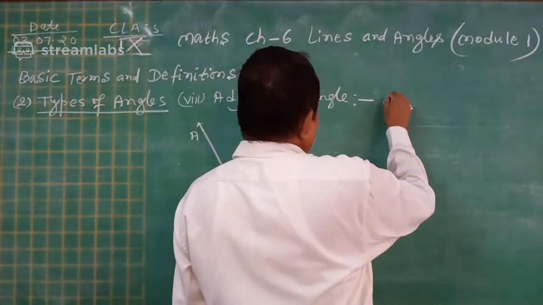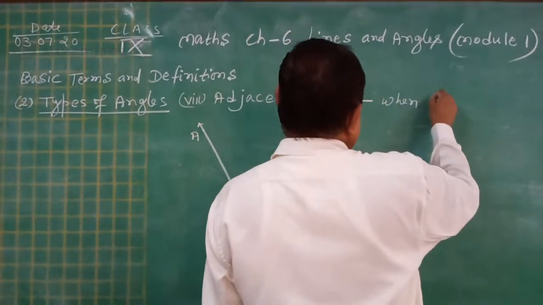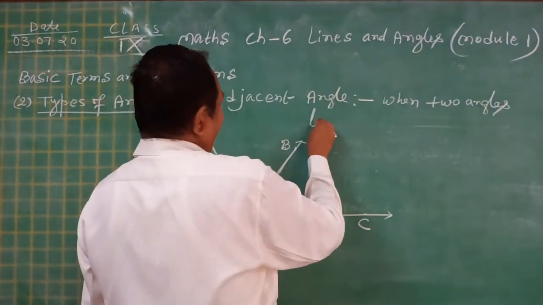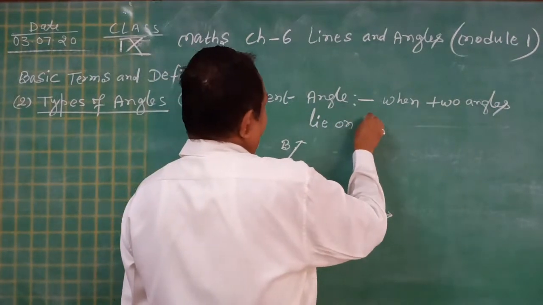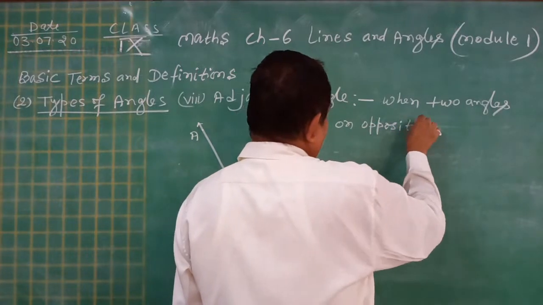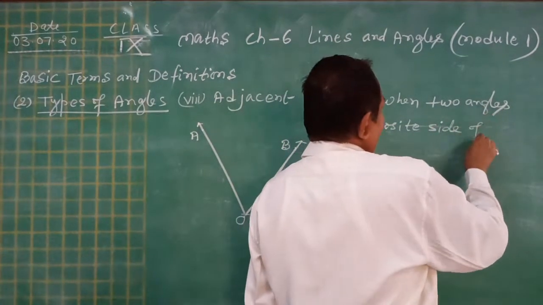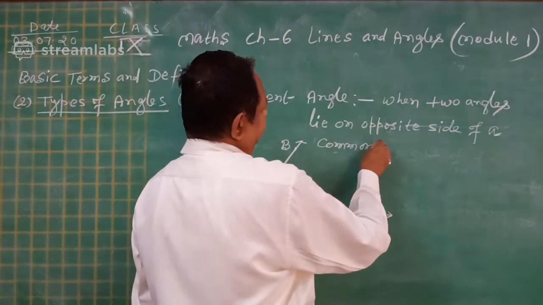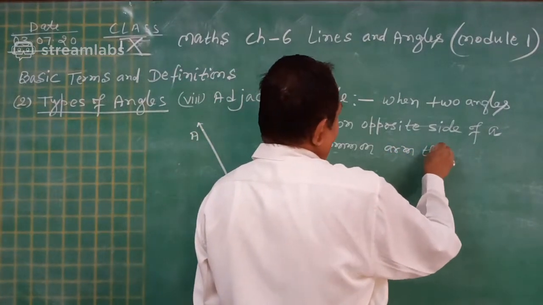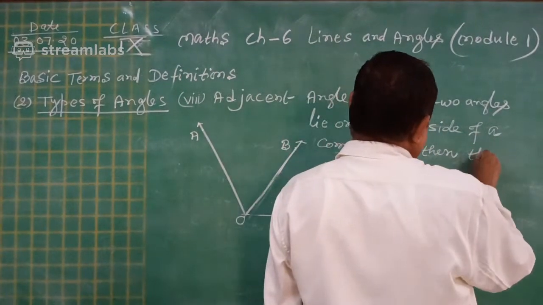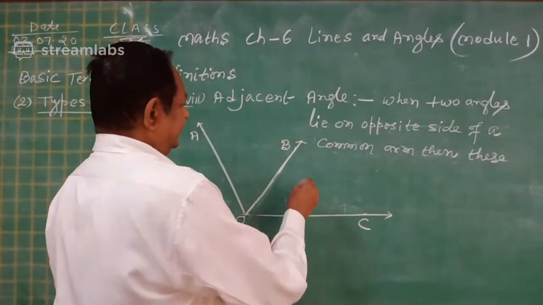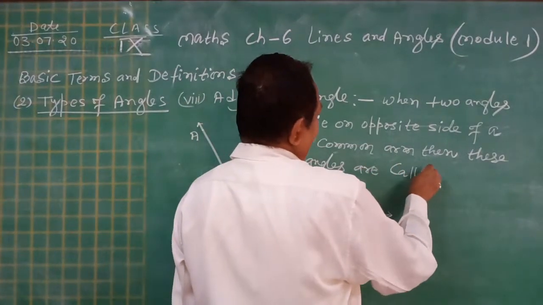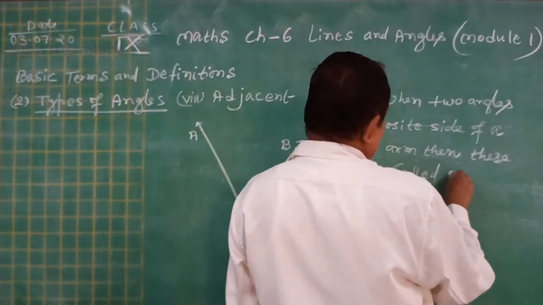So when 2 angles lie on opposite sides of a common arm, then these angles are called adjacent angles.